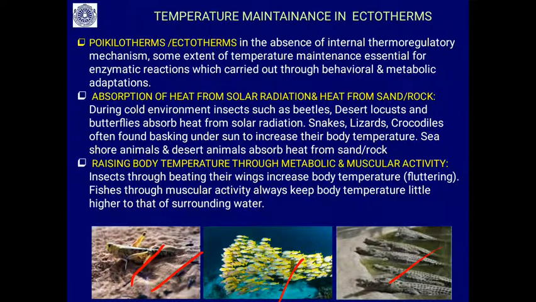So, the muscular activity, or else they live in groups, so that the temperature is not dissipated outside, it is maintained circulating within. These are all the adaptations you will find in the poikilotherms or ectotherms to maintain the temperature in their body to a certain extent.